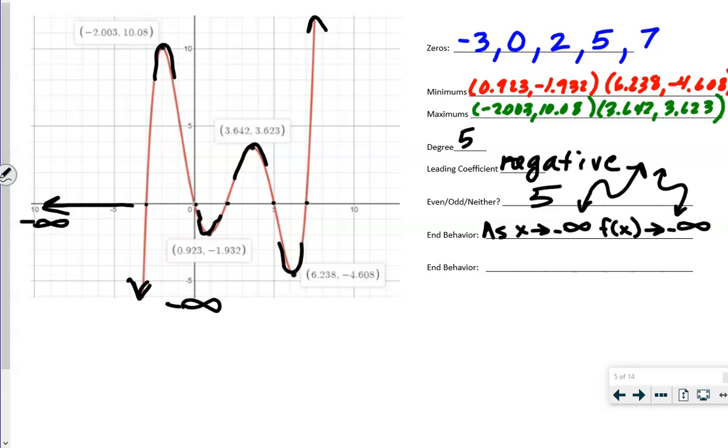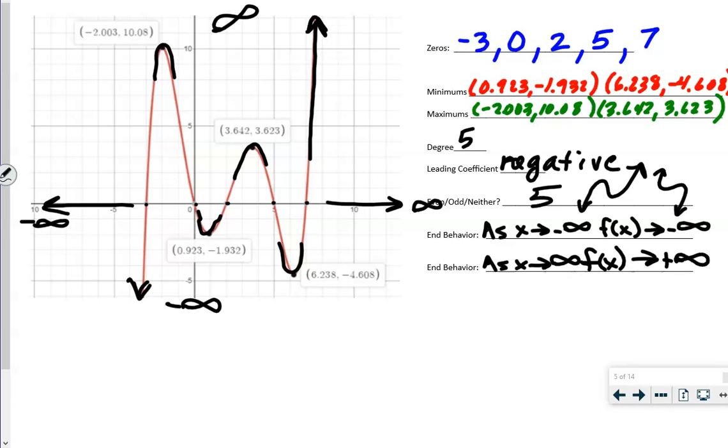Now, as we go to the right here with our x's, where's our graph headed as we go this way? It's headed up here. What's up here? Infinity, right? So infinity's over here as well, right? So as x approaches positive infinity, right, our f of x is also approaching positive infinity, okay? So, and you could just put infinity there as well.